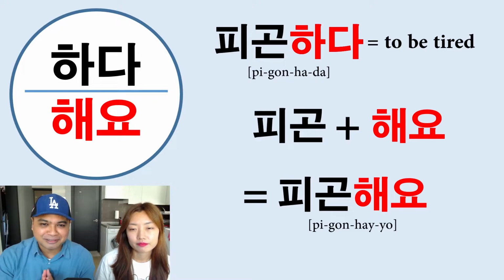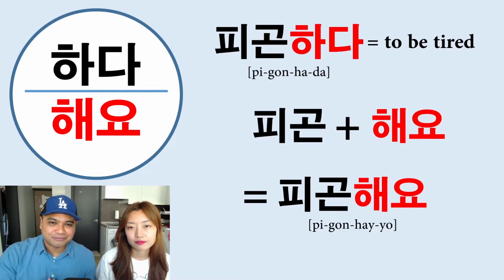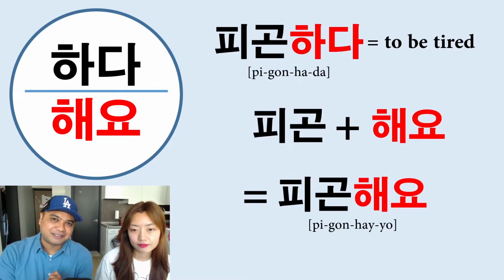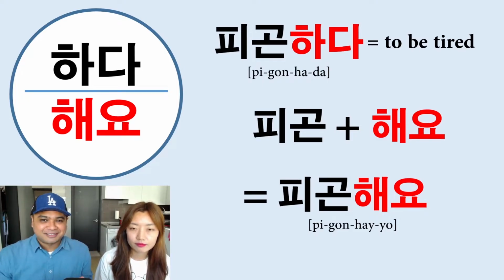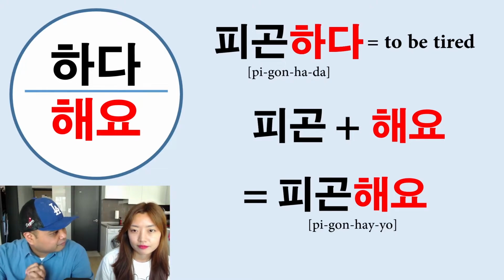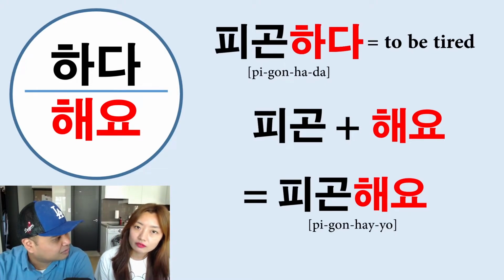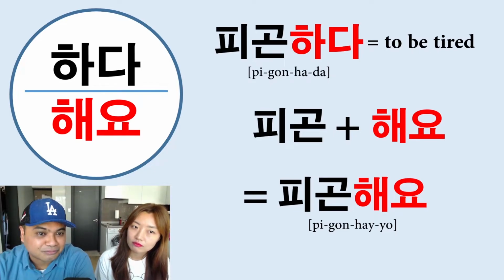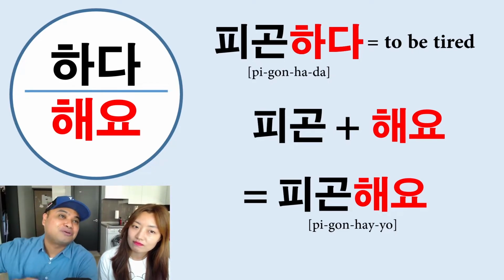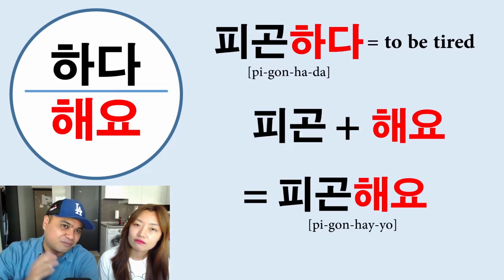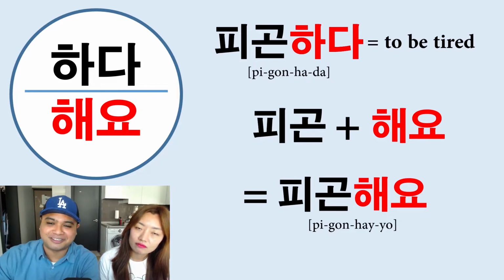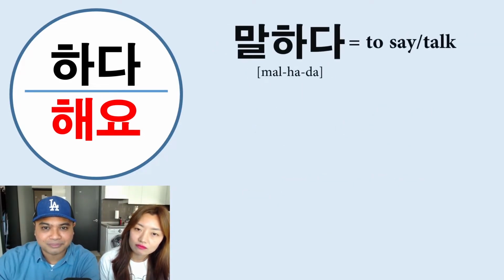After going through the other rules, this one was like a breath of fresh air. And so many verbs end with hada. So many of them. So once you know this rule, you know how to conjugate half the verbs already. Let's do one more.